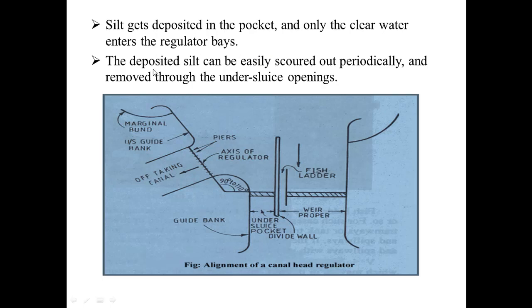The deposited silt can be easily scoured out periodically and removed through the undersluices openings. As we already studied, undersluices are provided in the diversion headworks, and through these undersluices the deposited silt is periodically removed.